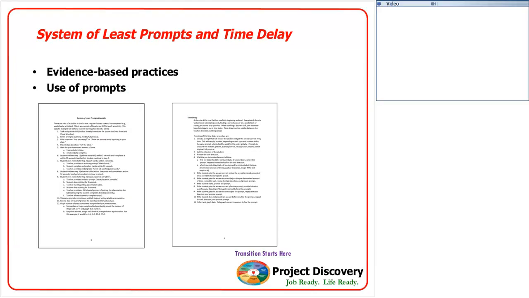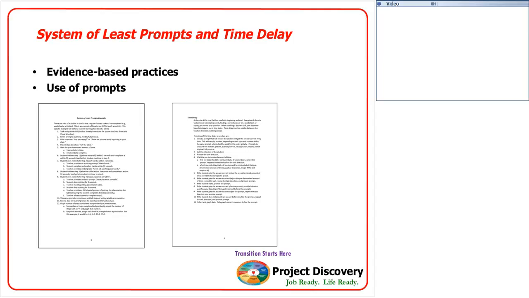So basically, if you're going to teach a chained task, which just means a task that has more than one step to it, for example, setting the table, we would use something called system of least prompts. And what this means is you give the student the ability to do each task in the task analysis independently. If they can't do it independently, then we use a prompt.